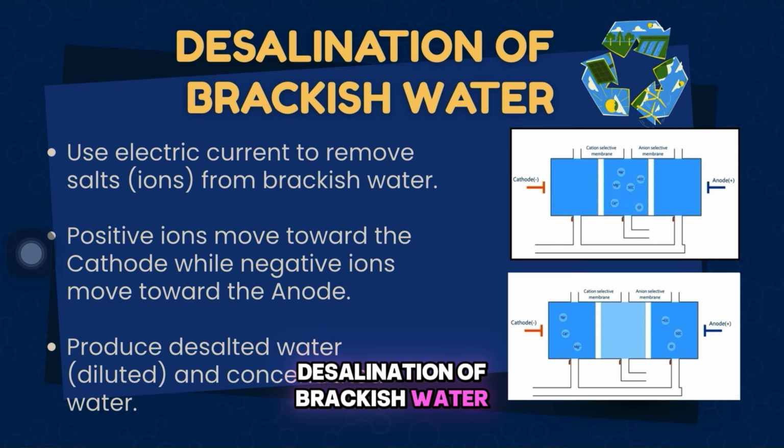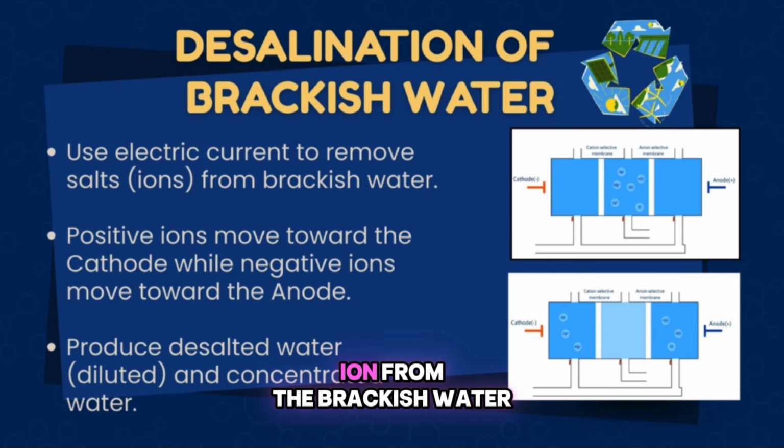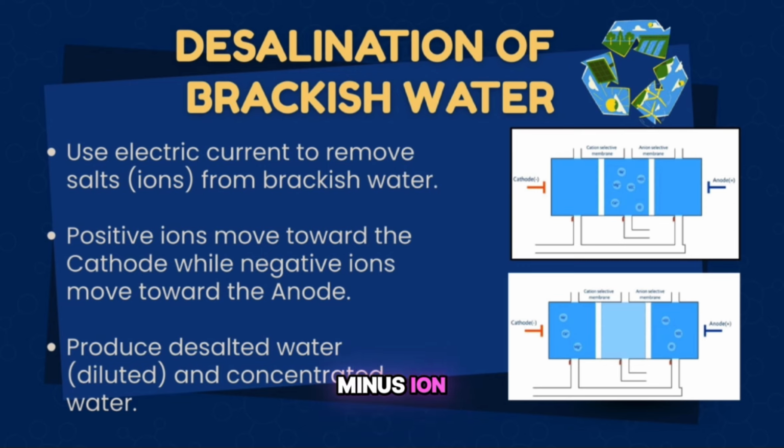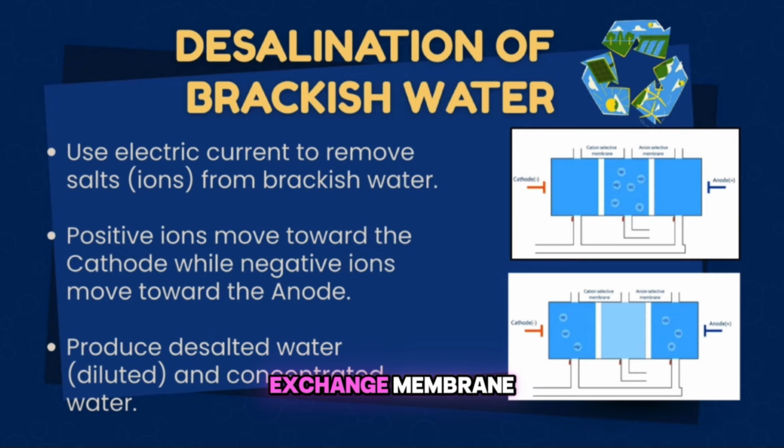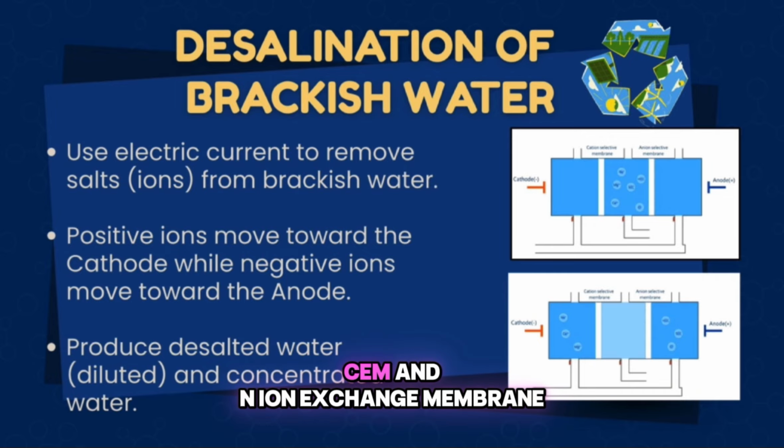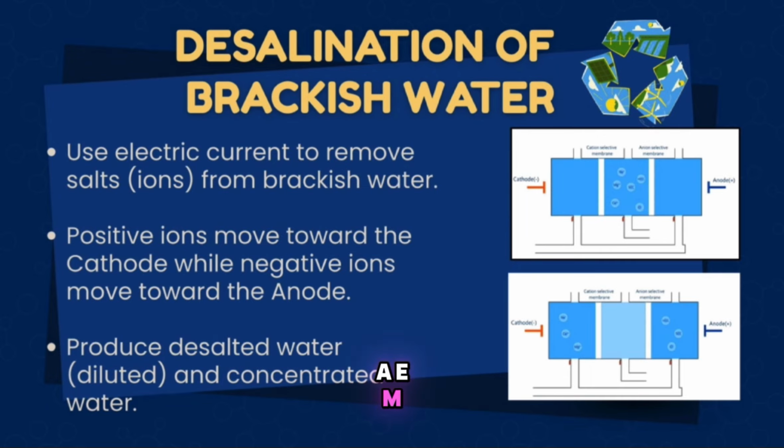Desalination of brackish water. This process removes salt ions from brackish water. How does it work? As you know, salt is made of Na+ ion and Cl- ion. The electrodialysis stack contains cation exchange membranes (CEM) and anion exchange membranes (AEM).